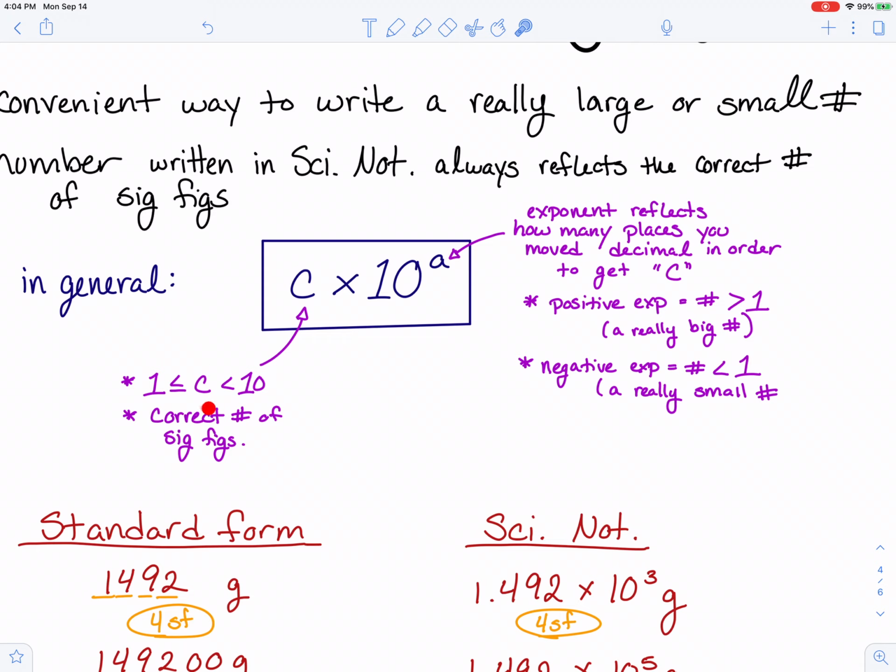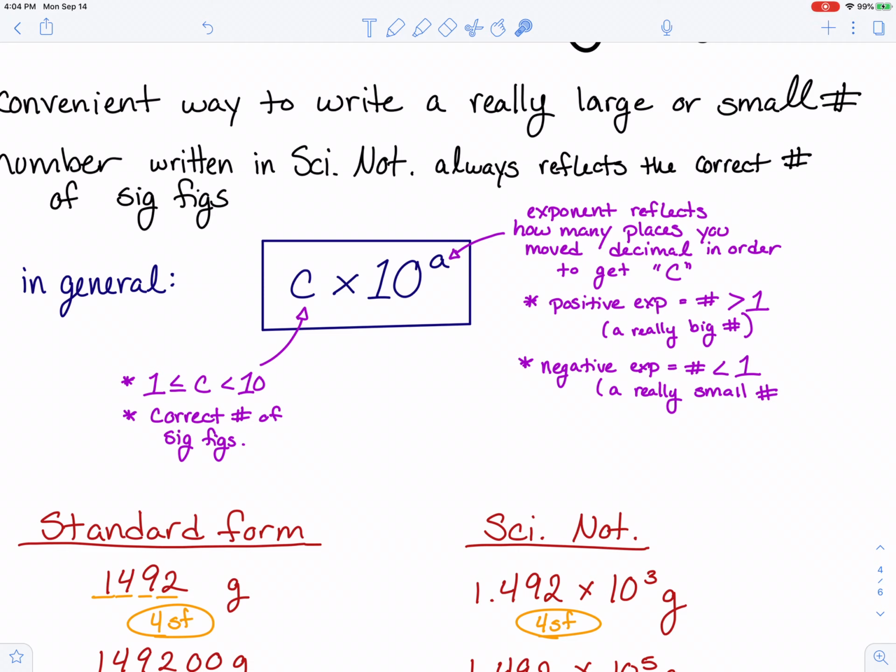So it should be a number in the ones place, something like 1.487 or 9.682. Generally, we don't write in scientific notation in the tens place, so we don't write 90.89 or 68.74. So this number generally starts in the ones place.